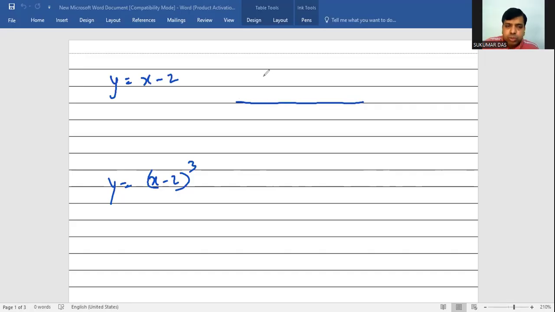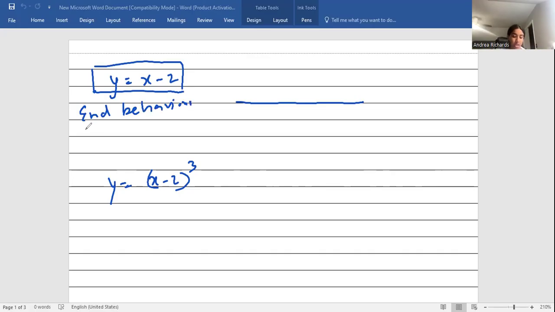If you look into this particular graph, first of all, can you tell me what is the end behavior for this equation? The leading coefficient is positive and the degree is odd.